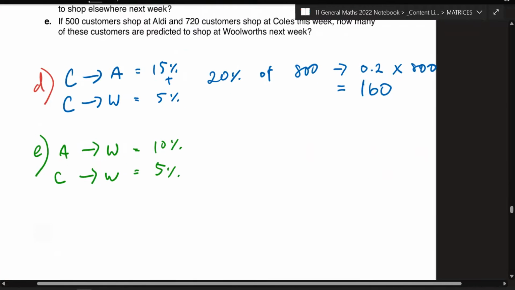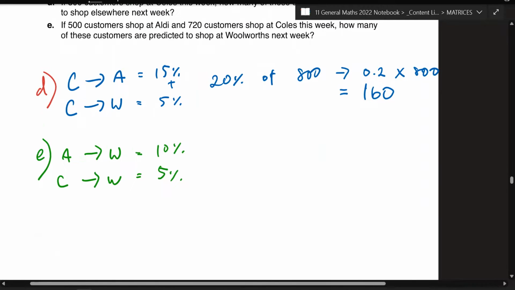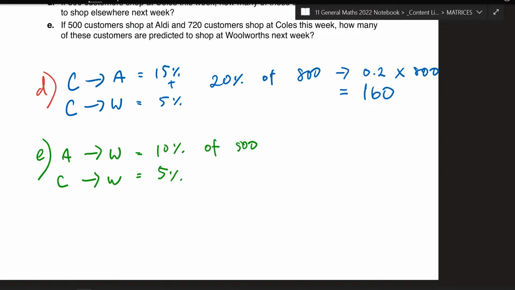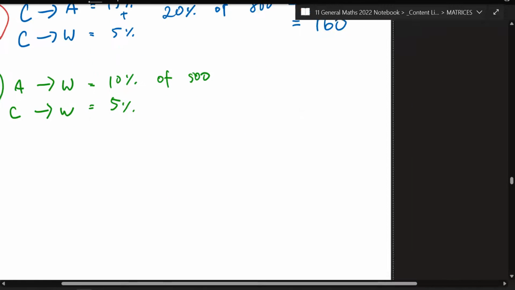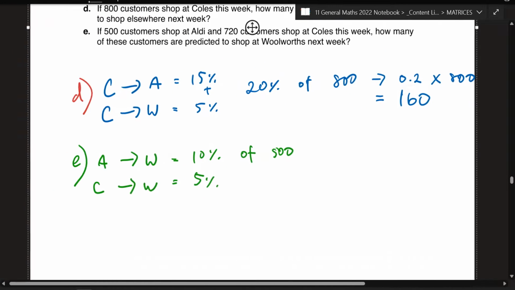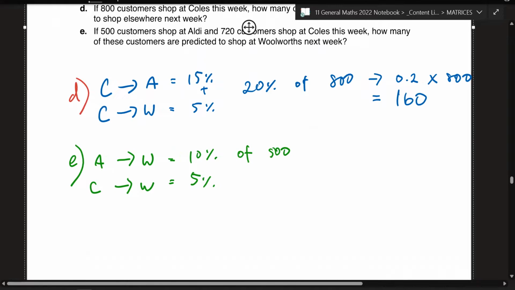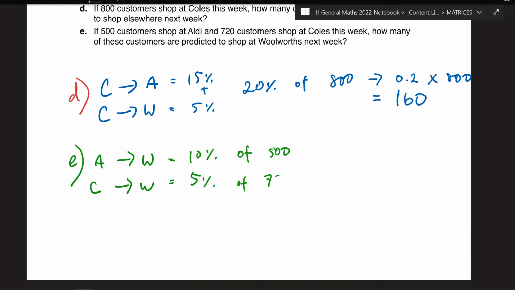Okay, so from there, what we need to find is, looking at that question, if 500 were at Aldi this week, that means 10% of them are going to be going to Woolies next week. Plus, we also need to find 720 customers who are at Coles, 5% of them are going to be going to Woolies. So we need to find this.